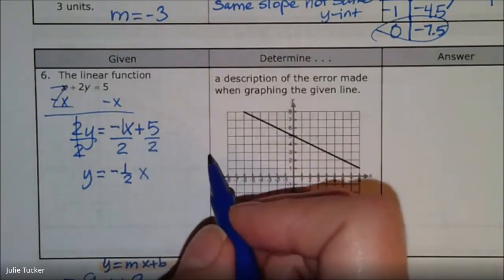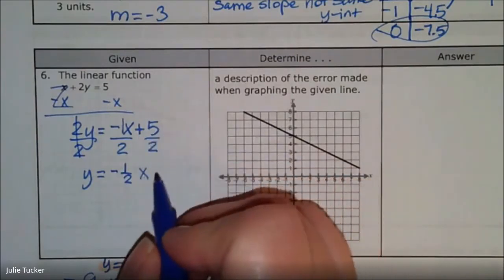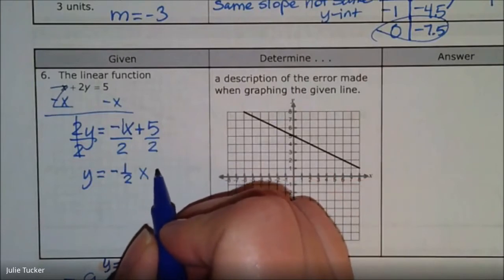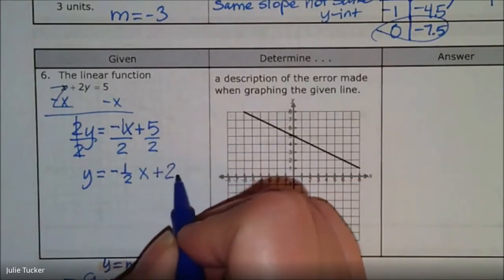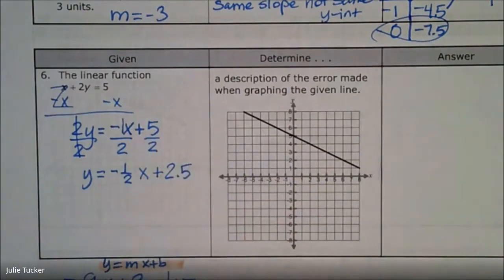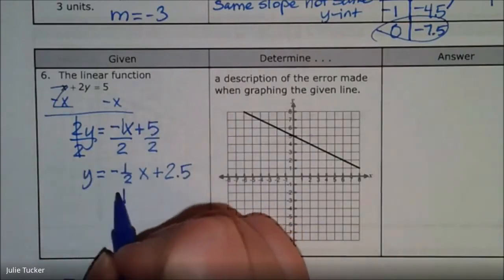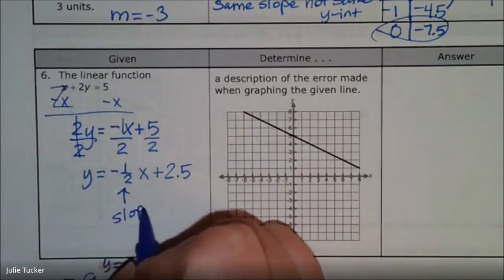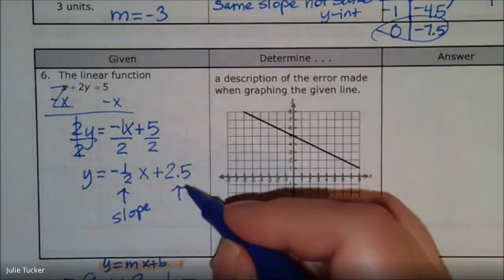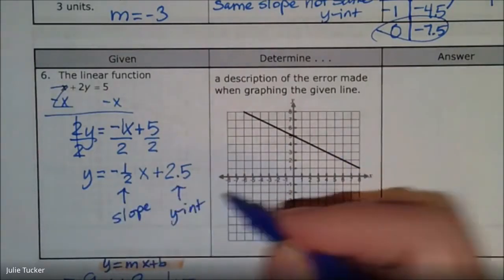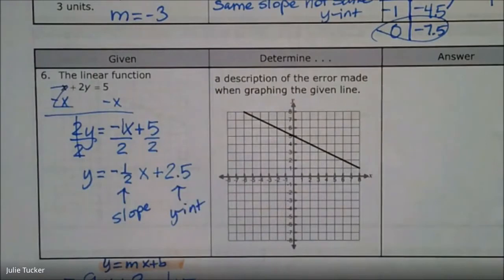Well, you can write 5/2 as 2.5, or however you want, really. Okay? So this is in mx plus b slope-intercept form. This is your slope. This is your y-intercept.